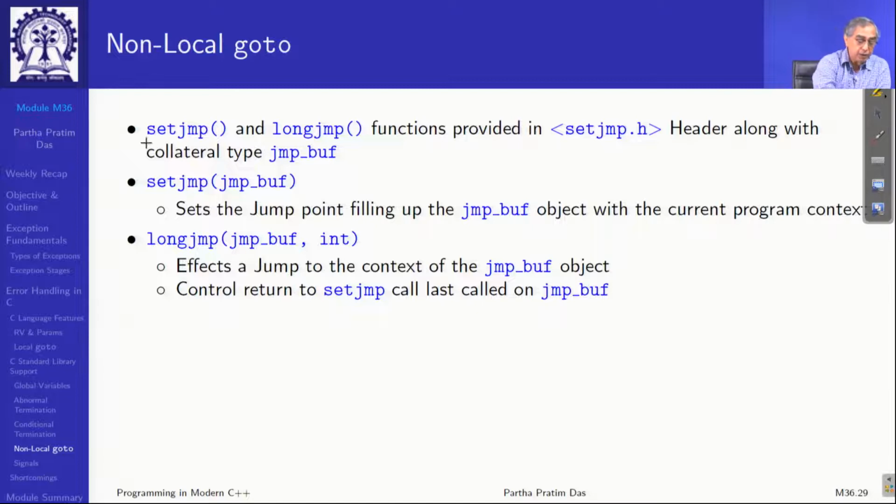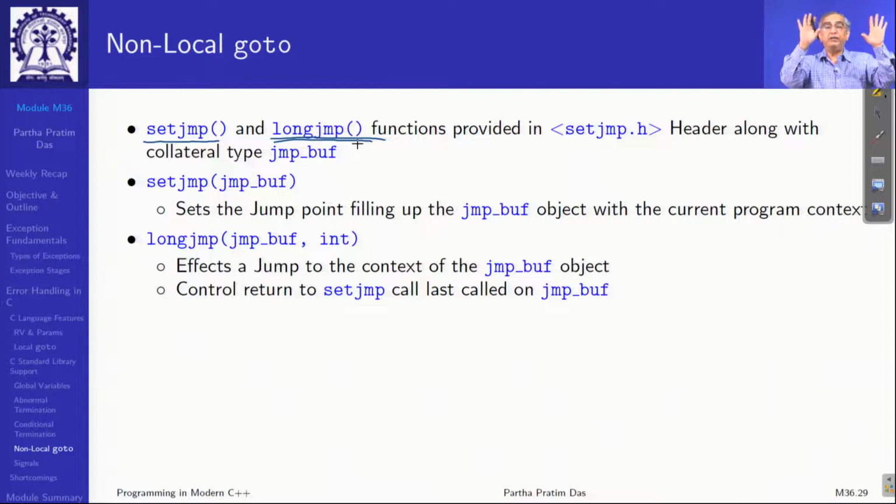It uses two functions, one is called setjmp, one is called longjmp. Setjmp sets a point in the caller where, in case of error, you would like to come back, and longjmp is in the called function where you say that, well, I have an error, so I want to go back to the caller where the setjmp was done.